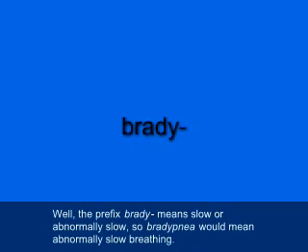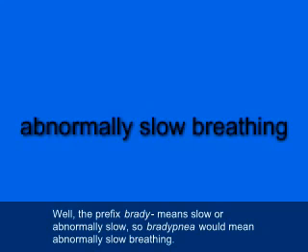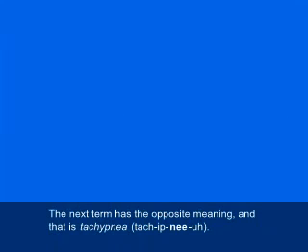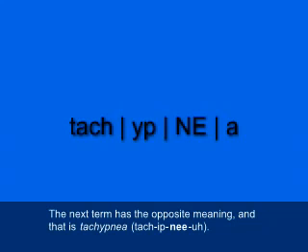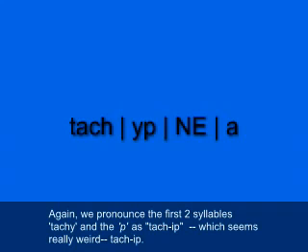Based on its word parts, what does bradypnea mean? Well, the prefix brady, B-R-A-D-Y, means slow or abnormally slow. So bradypnea would be abnormally slow breathing. The next term has the opposite meaning, and that's tachypnea. Again, we pronounce the first two syllables, tachy and the P, as tachyp, which seems really weird.